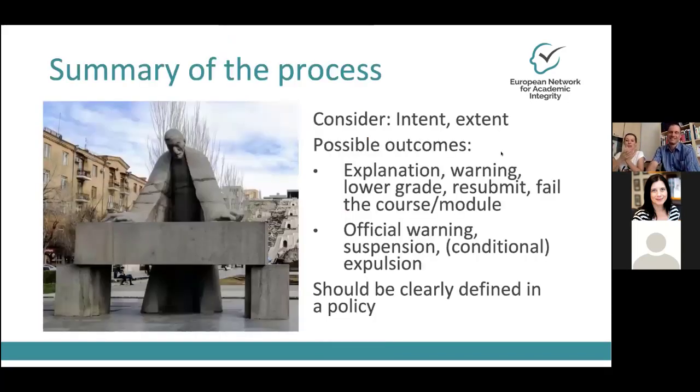Just to summarize what we have here, it's very important to consider the intent and extent. On one hand, it's nonsense to deal on some institutional level with students who have just random text matches, or some really minor mistake.